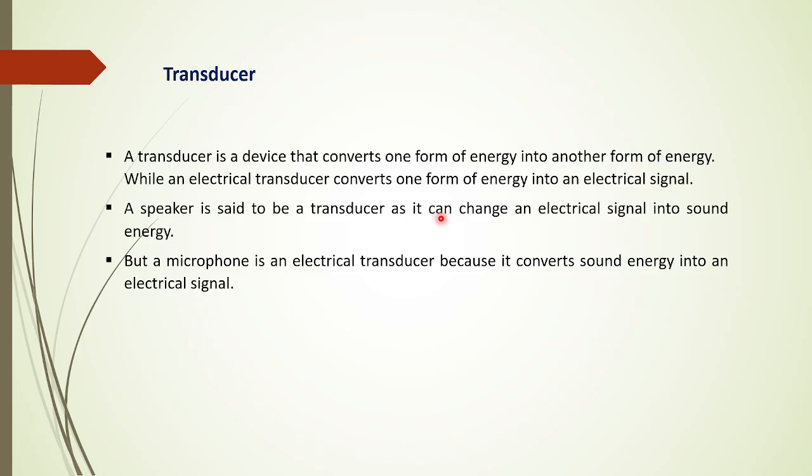But if we take a microphone, that is a transducer. Why? Because it converts sound energy into electrical. So the physical quantity is converted into electrical quantity. That is called an electrical transducer. Whenever a device converts any physical quantity into electrical quantity, that is called a transducer.